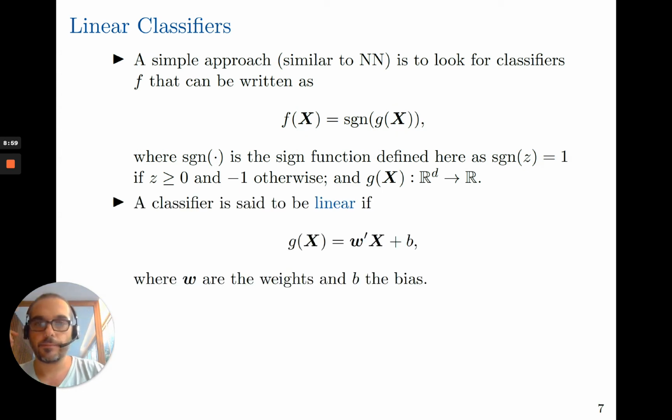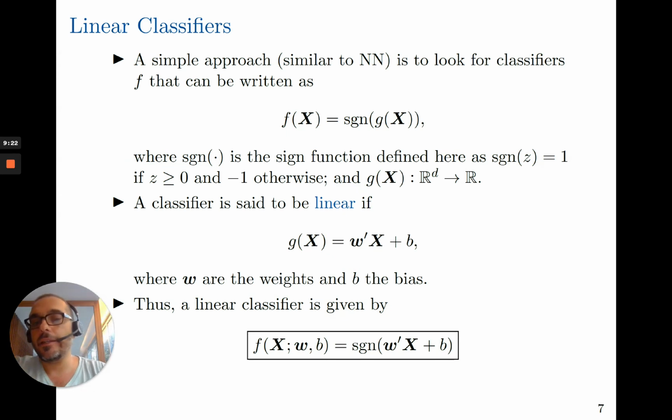If a classifier is linear, then the function g is given by w prime x plus b, where w are the weights and b is called the bias.